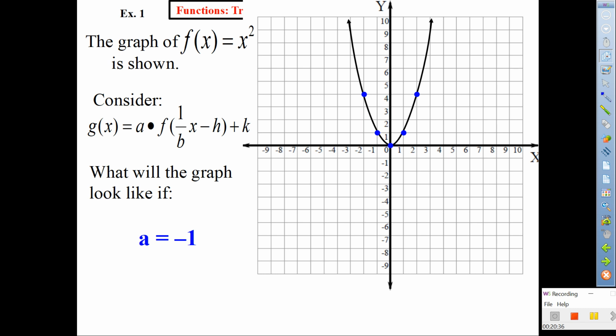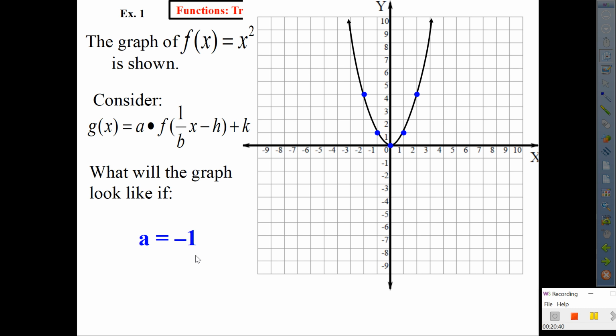Let's say I gave you that graph on the screen, which is a quadratic. Don't copy that. This is our general form. And I want you guys to do the transformation to this one according to parameter A equal to -1. You're like, oh.